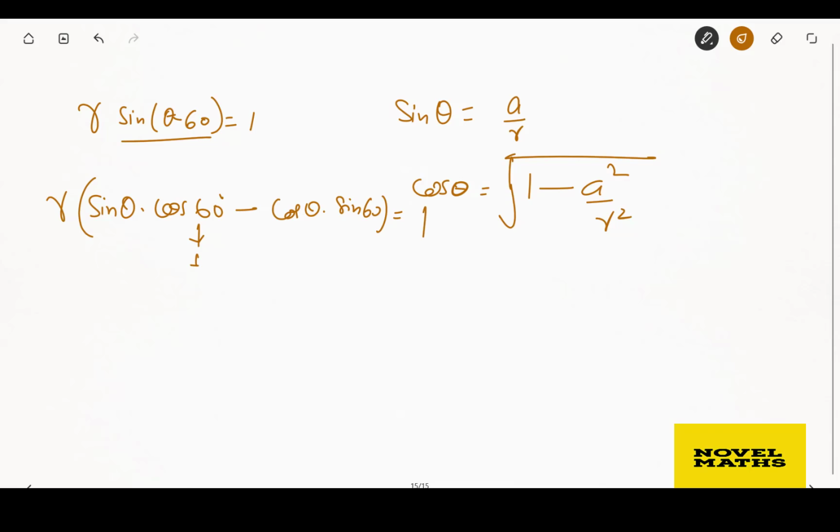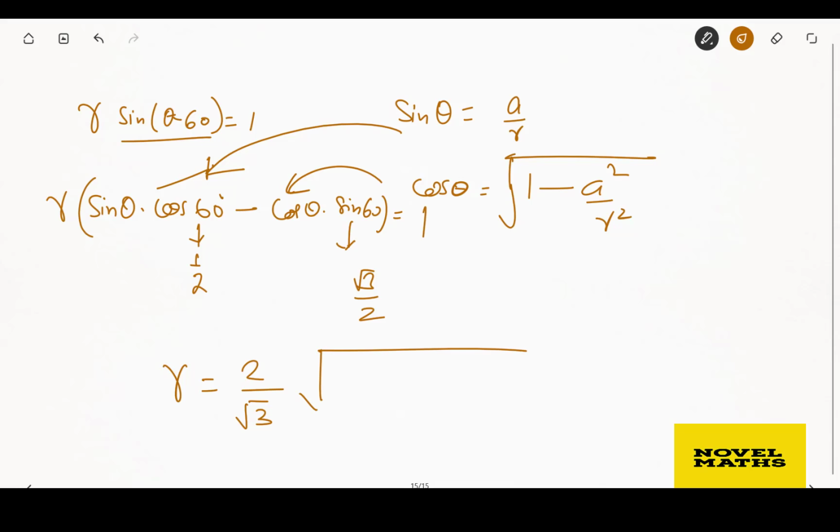Cos 60 is 1 over 2. Sine 60 is root 3 over 2. If you put these values, sine theta and cos theta, finally we will get r. I'm just giving the answer so that you can match it after the final calculation.